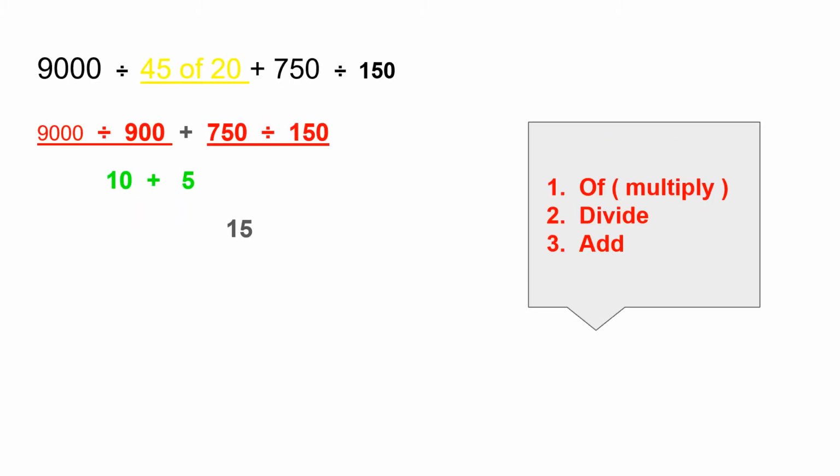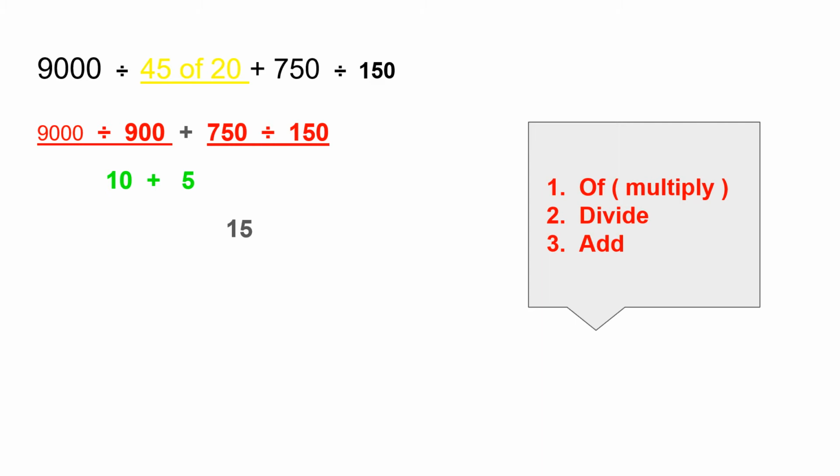Now children, let us see example 2. 9,000 divided by 45 of 20 plus 750 divided by 150. In this sum, you can see three operations. First is of, second is divide, and third one is addition. Right? According to ODMAS rule, first of all, we will solve of.